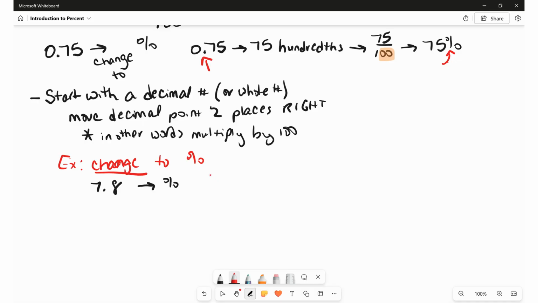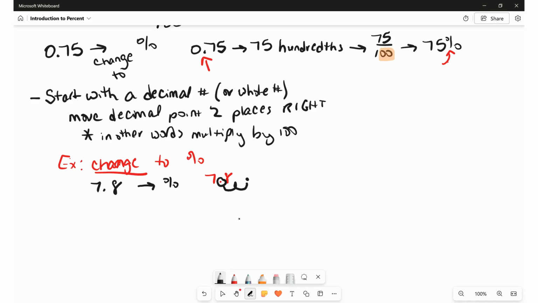That means 7.8, take the decimal point right here and move it two places. 1, 2, and let it land.